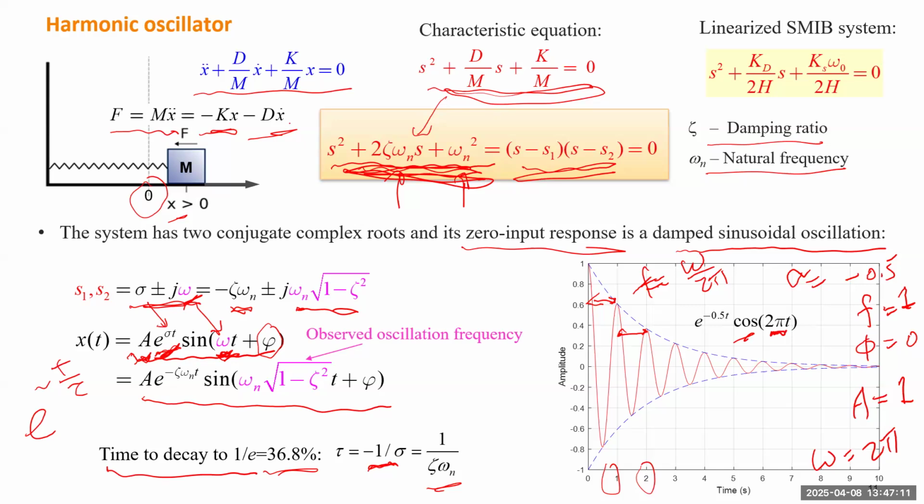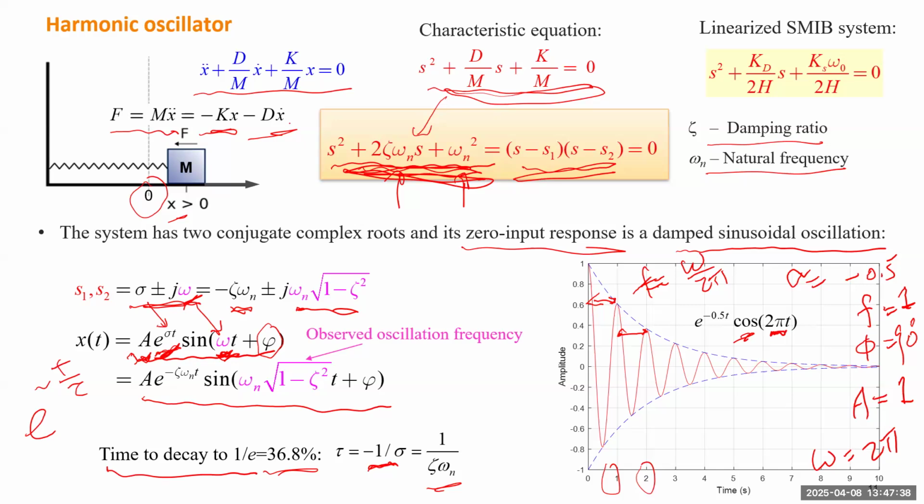Maybe 90 degrees. Let me see. Minus 90 degrees, right? Yeah, phi is not 0, because I assumed it starts from the peak value. But anyway, phase is not important.